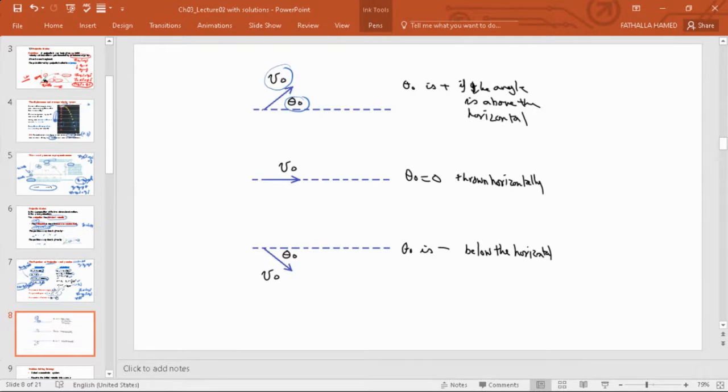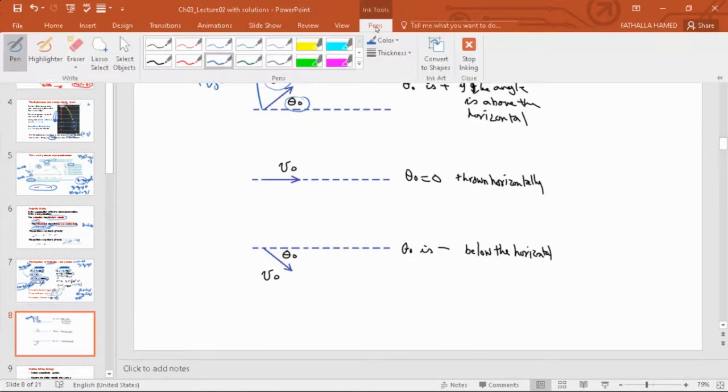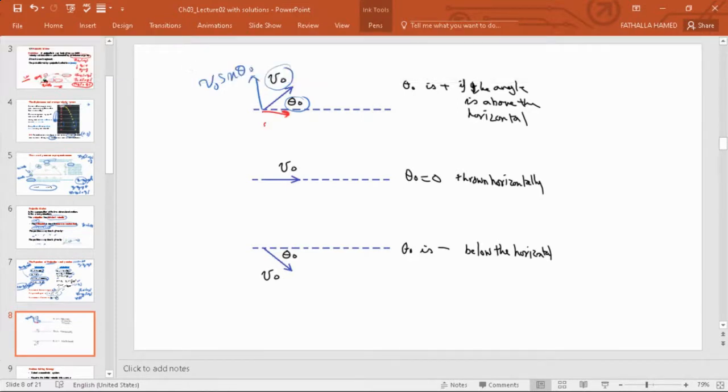So in this case, you will have v0 sine theta 0 here, and here you will have v0 cosine theta 0. Now in this case here, your theta 0 is equal to 0. So this here is the v0x, and this one here is the v0y.